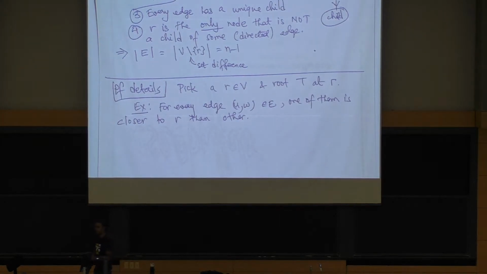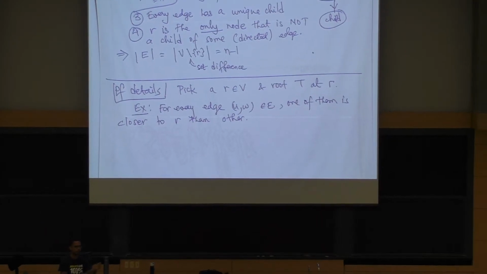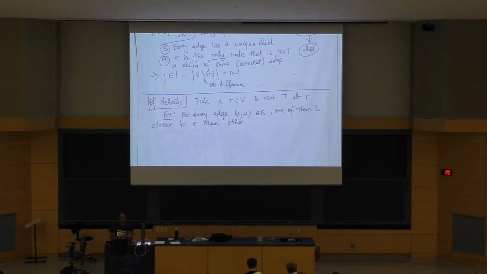And what do I mean by closer? I mean it in terms of the distance that we defined last time. So recall, the distance between a node and a root in this case would be the length of the shortest path from that node to the root.